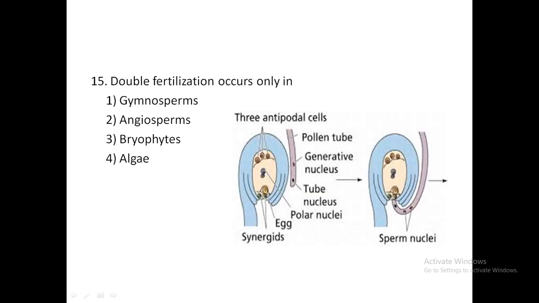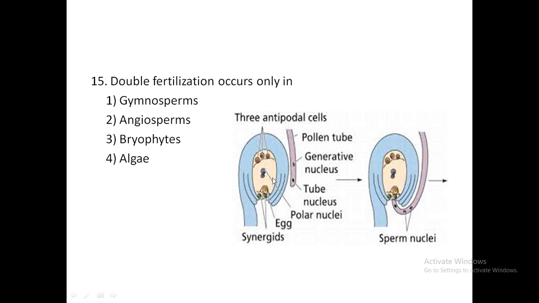Now, double fertilization occurs only in the case of, okay, double fertilization. Remember, double fertilization is a unique feature of angiosperms. It occurs only in angiosperms. It doesn't happen in gymnosperms, bryophytes or algae. Now this is the female gametophyte of angiosperms.